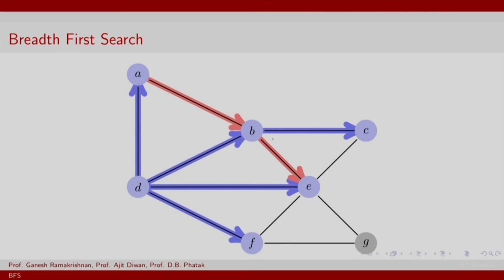Continuing on, well, there is one more cross edge from B to E, another cross edge, a new discovered edge, another cross edge, another cross edge. So there are exactly 5 cross edges.